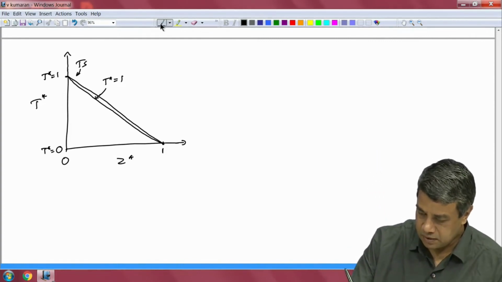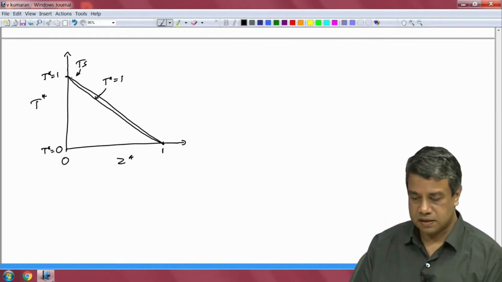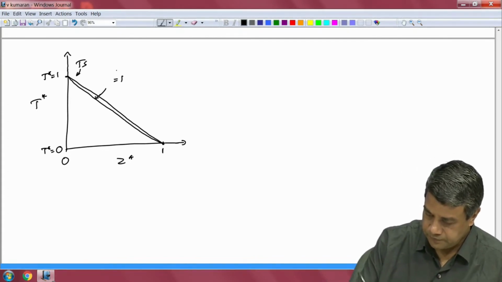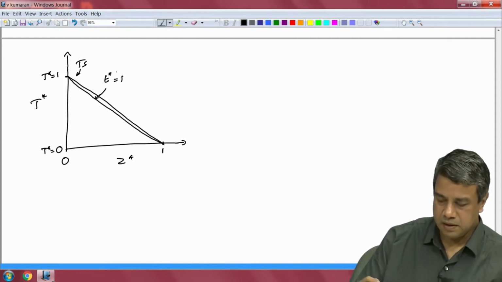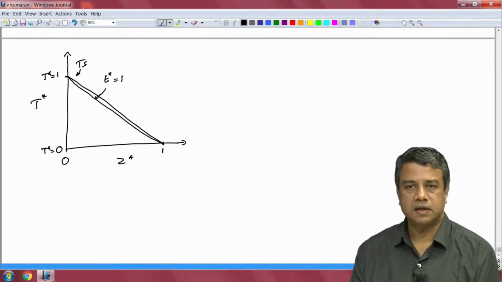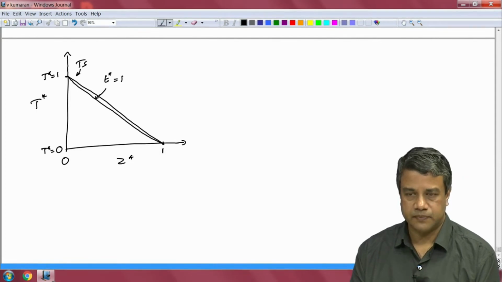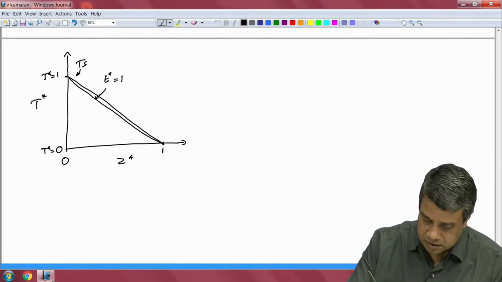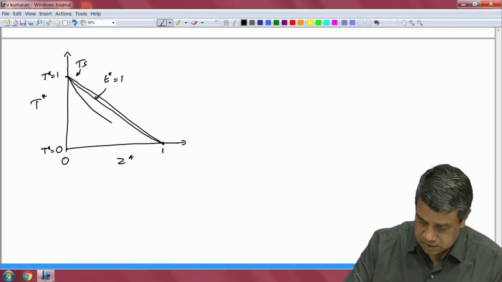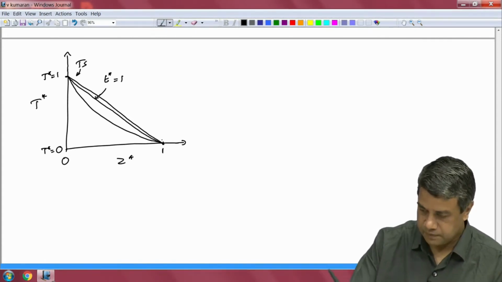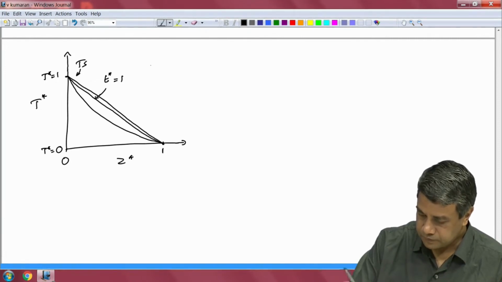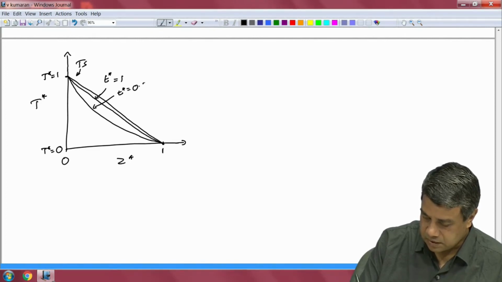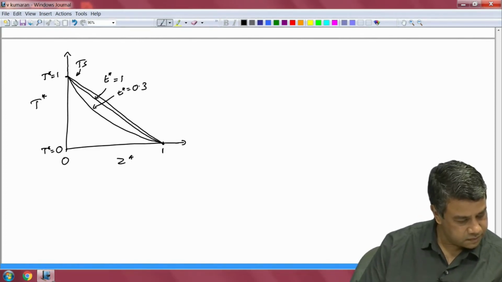And if I take a lower value of t star, I am sorry, this should be at time is equal to 1. I am plotting these solutions for different values of time. And at time t equals 1, this is the solution that you get. A little earlier, you will get a solution that looks like this. So, this will be at t star is equal to 0.3, say.